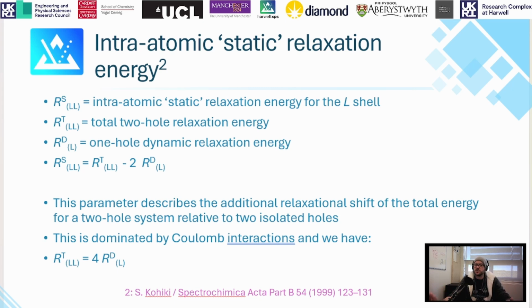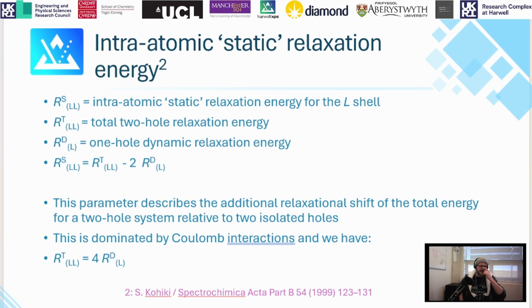But the total two-hole relaxation energy, the equation for determining this is 4 times the one-hole dynamic relaxation energy, which means if we plug that back into our expression for the static relaxation energy, where we have Rs equals RT minus 2RD, what we will now end up with is Rs equals 4RD minus 2RD, which we can of course simplify down to Rs equals 2RD.